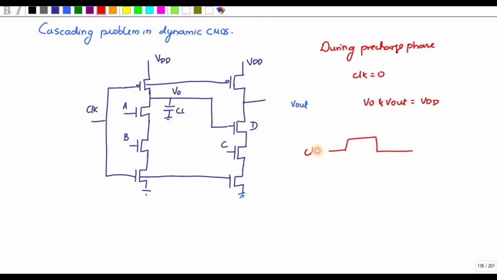It has pre-charge and evaluation phase. So V naught goes to 1 during the pre-charge phase. And my V out also remains at VDD, right?